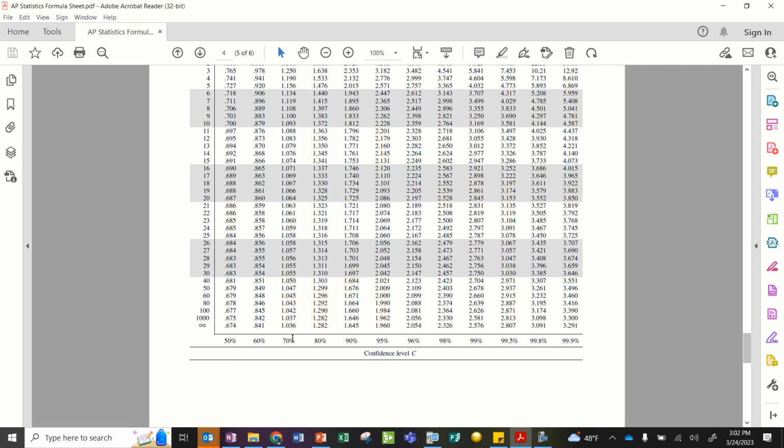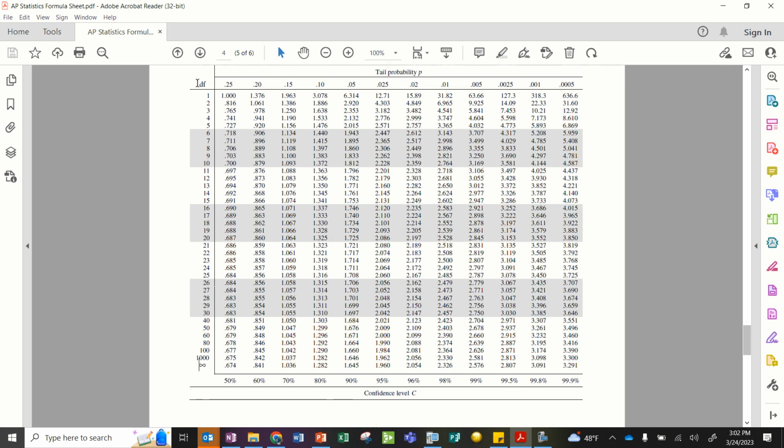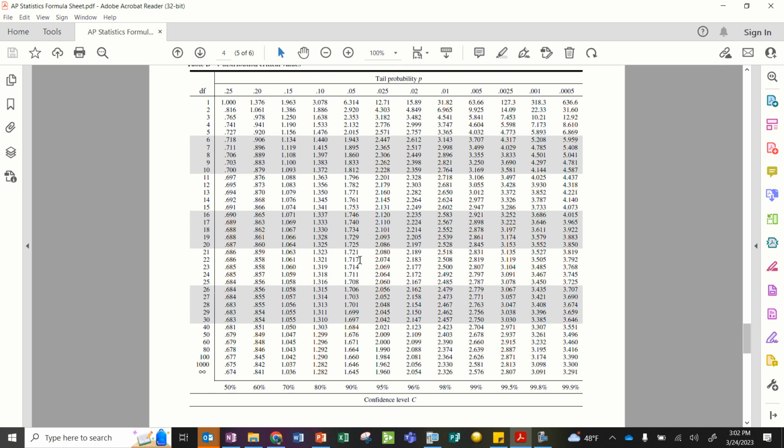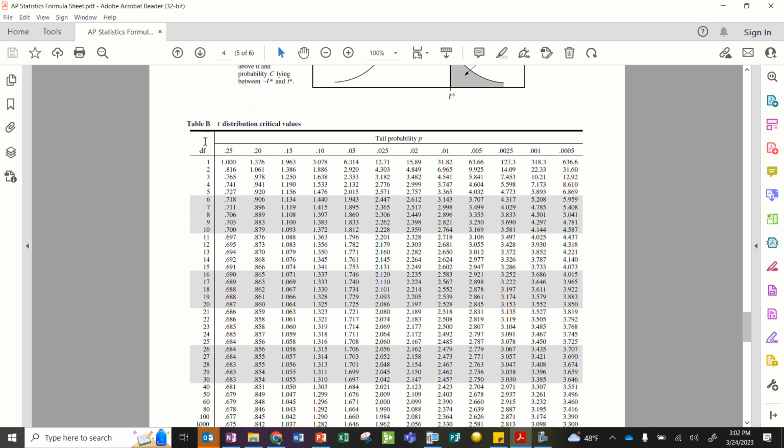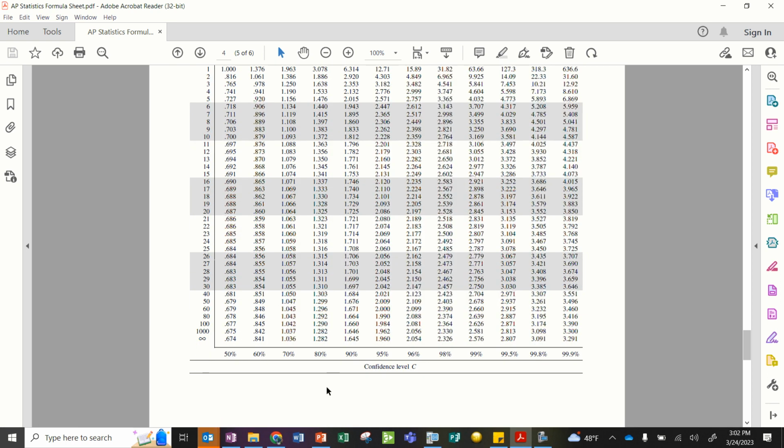Remember we said this bottom row here, when the degrees of freedom, look at the top, were infinity, across this row are our Z stars for a corresponding confidence level. And so now we're going to use the rest of the table, and we're going to use these degrees of freedom down the side to give us confidence levels.